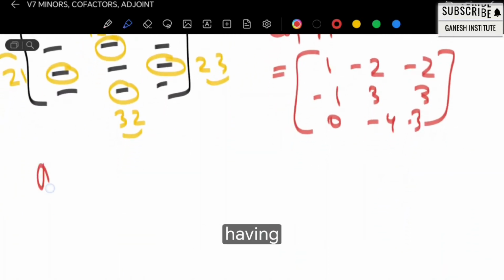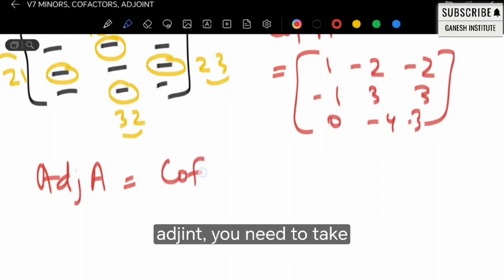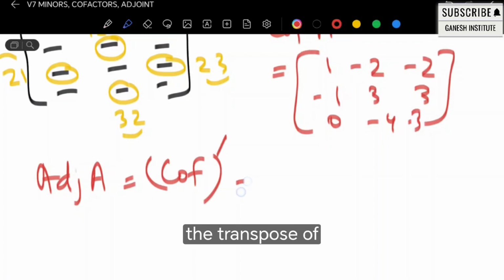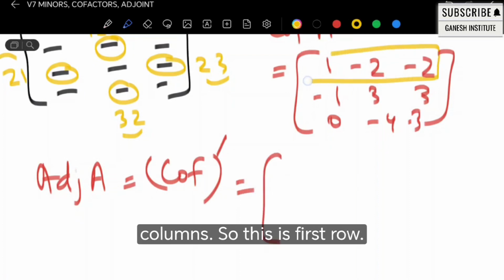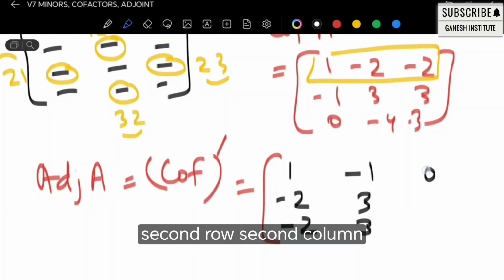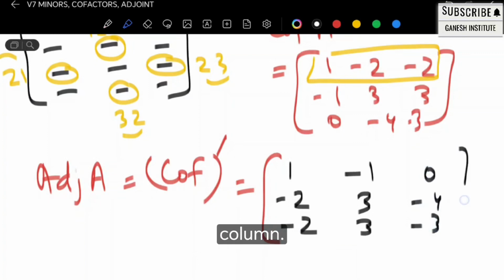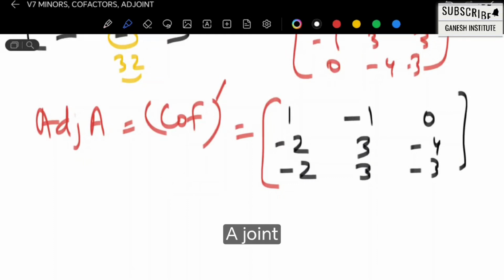Now, if you want the adjoint, you need to take the transpose of the cofactors. So make rows as columns. This first row will become the first column, second row the second column, and third row the third column. So this is your adjoint. Clear?